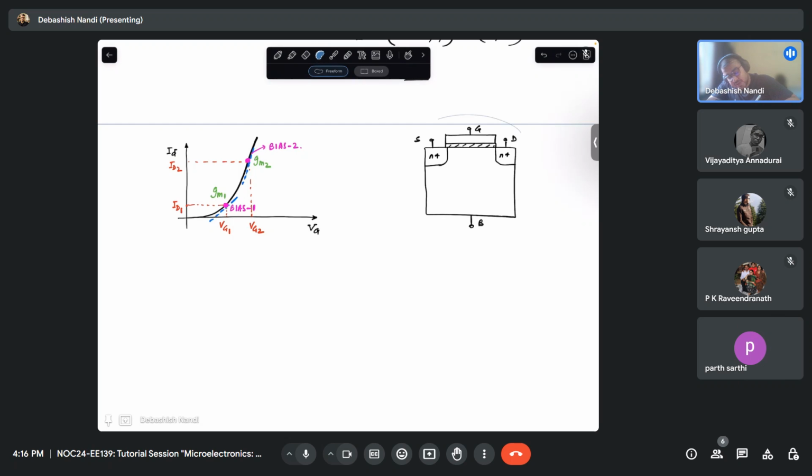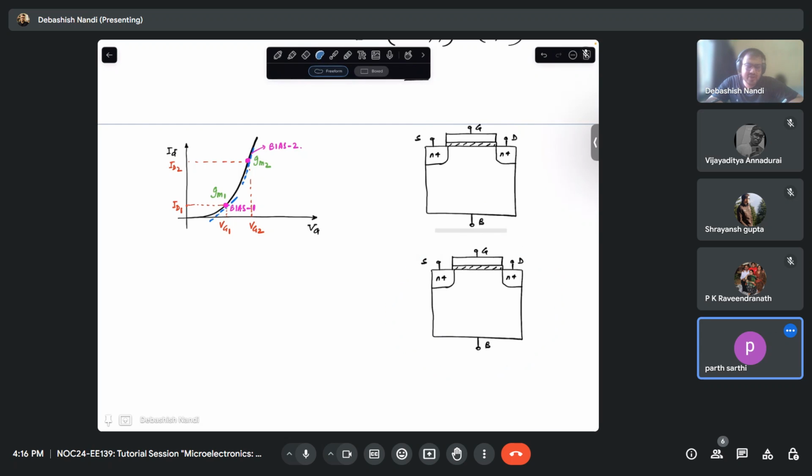So let me just copy this. It is not due to different modes, not saturation, triode region and cutoff region. It is VG, right? You can say that this is my threshold, and this is subthreshold, and I am keeping my VD constant, right? So there is nothing called saturation and linear. So in this case, both are saturation mode. But in one case, my bias one is at the subthreshold, and in another it is at the inversion, right?